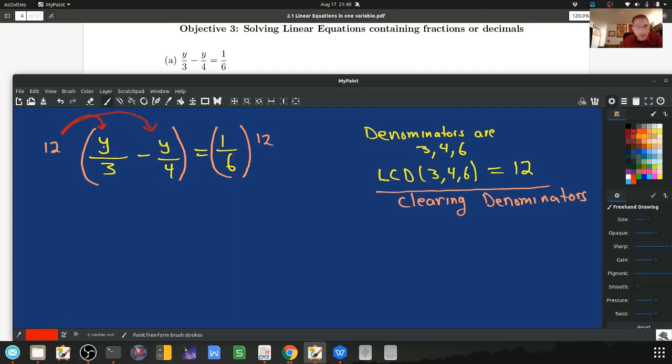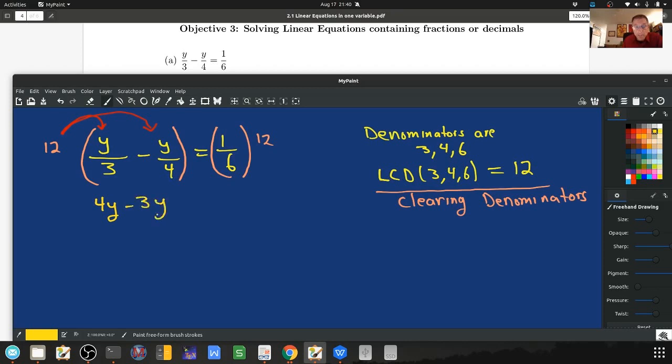So 12 times y divided by 3 is the same as 12 divided by 3 times y. But 12 divided by 3 is 4, and 4 times y is 4y. 12 divided by 4 is 3. And 3 times minus y is minus 3y.